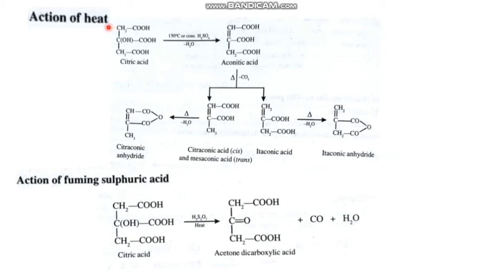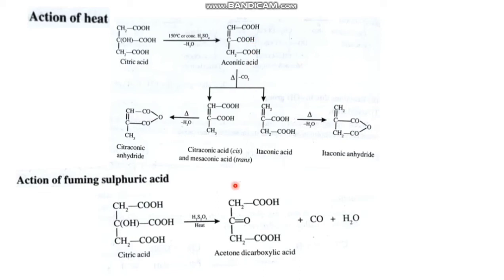Next one, action of heat. Here, citric acid is heated in the presence of concentrated H2SO4 or heated alone. Citric acid undergoes dehydration to give aconitic acid, which on further heating loses carbon dioxide.